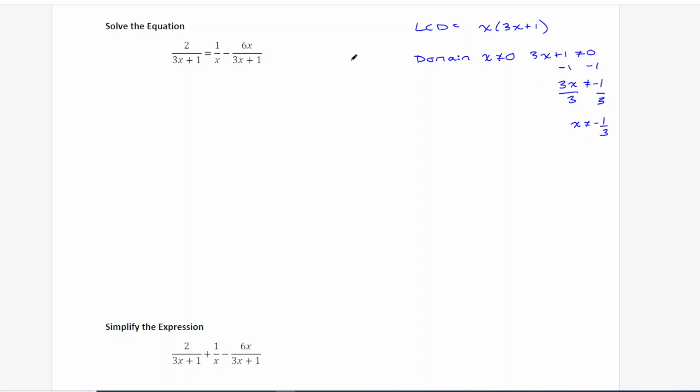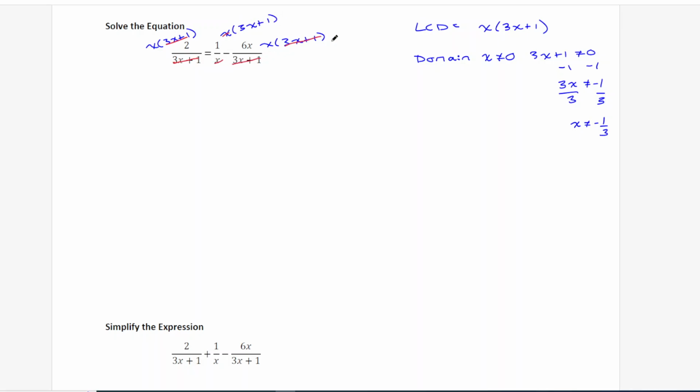Now let's solve. So to solve this, I'm going to take each term and multiply it by x times 3x plus 1. So for this one, the first one, I can get rid of the 3x plus 1. I'm left with just the x. This one I can get rid of the x. I'm left with just the 3x plus 1.